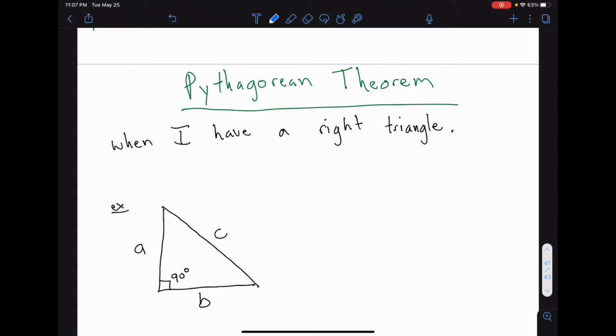Side C is called the hypotenuse. Side C is the hypotenuse. It is the longest side. Es el lado más grande.